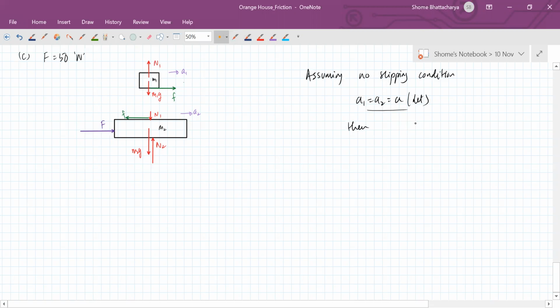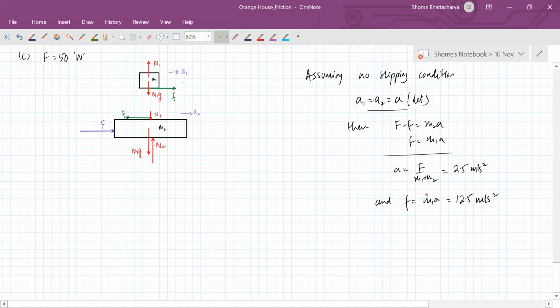F minus friction is equal to M2A. Friction on the above block is M1A. So solving, A comes out to be F upon M1 plus M2. So it comes out to be 2.5 meters per second square. And friction required, which is M1A, this time becomes 5 into 2.5. So 12.5 newtons.